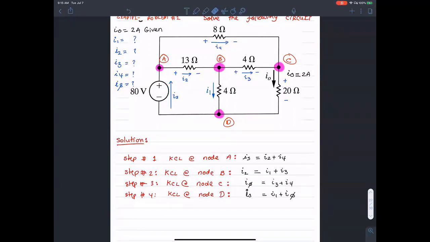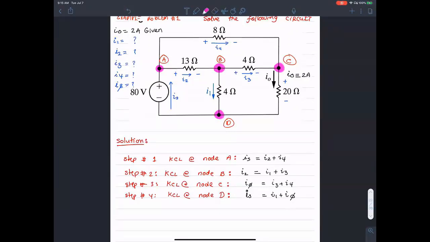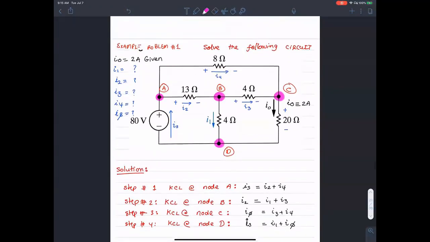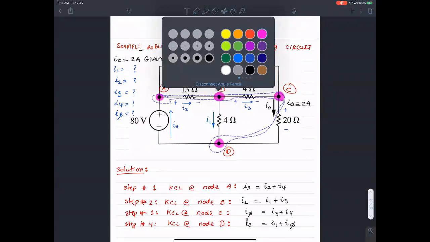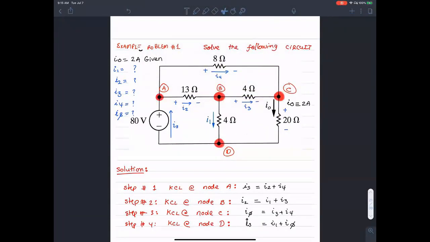I'm going to apply KVL around loop alpha. So I'm going to define a new loop here. Before I do that, let me color code them carefully. I'm going to change them to this color, for the nodes, just so it doesn't overlap.